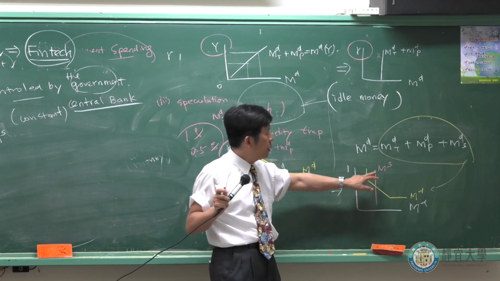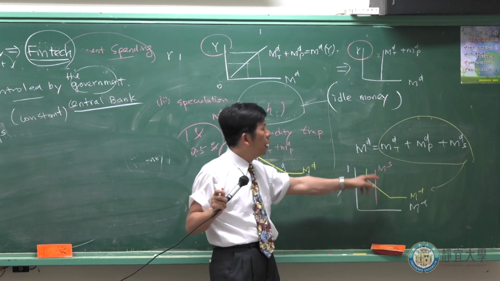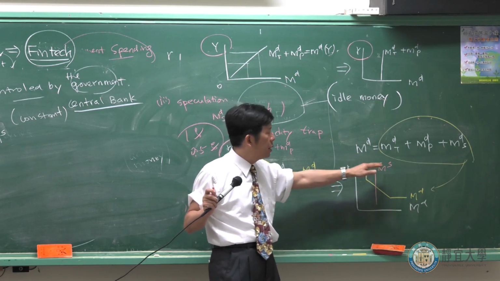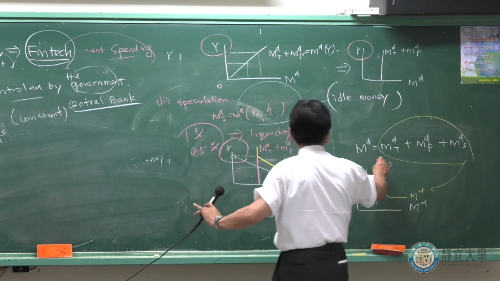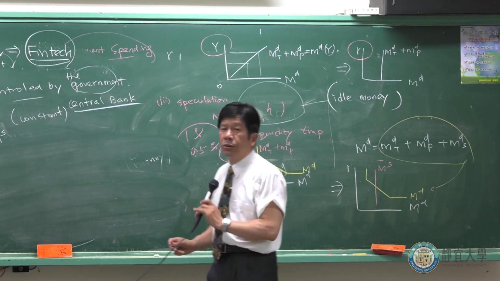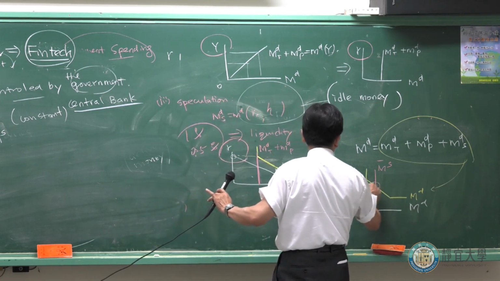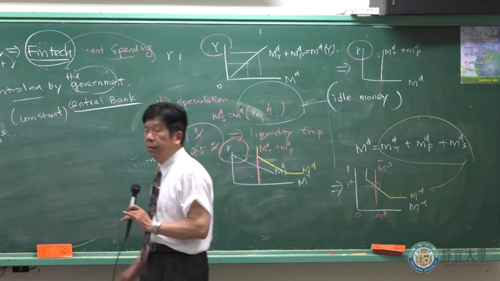Because money supply is always constant, its shape is like a vertical line. The vertical line is constant and controlled by government. So after that, you can see they get the point: the interest rate and the money supply.